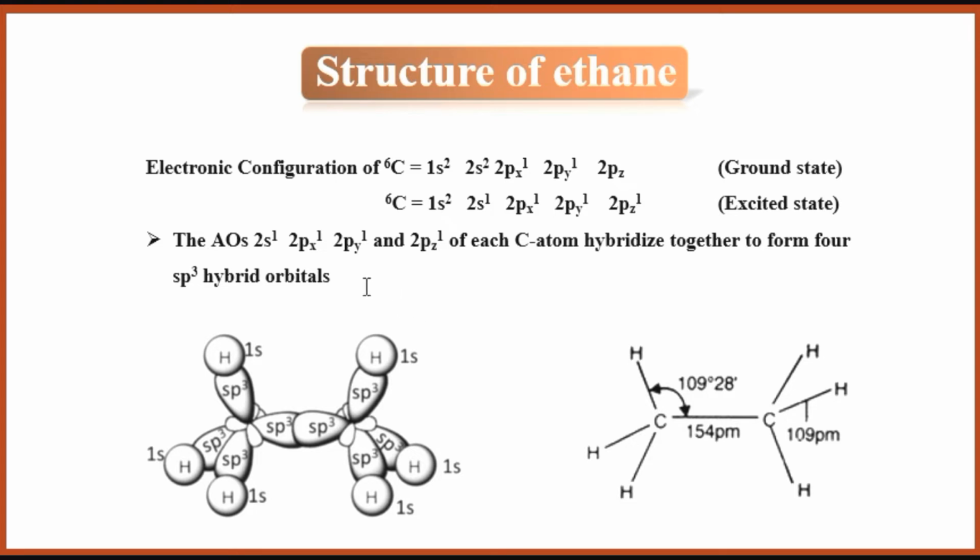That is why, for the sake of simplicity, we consider the atomic orbitals of one carbon atom, that are 2s and 3 2p orbitals.